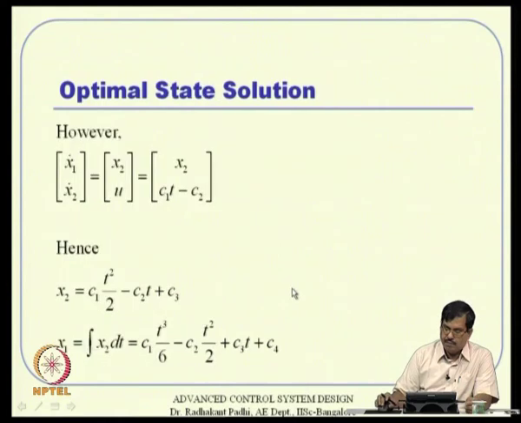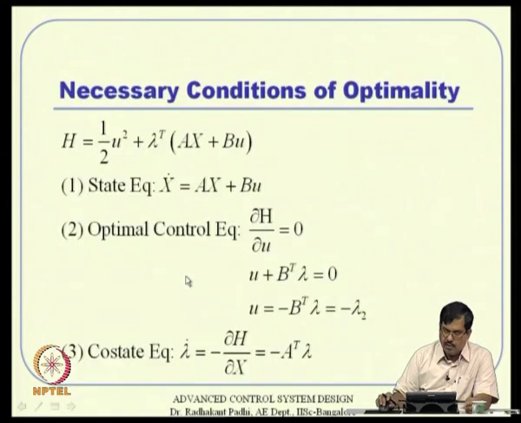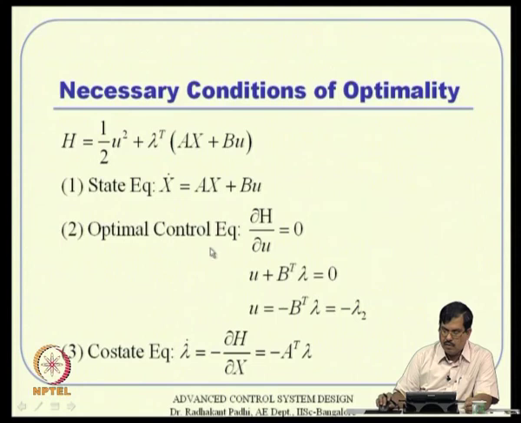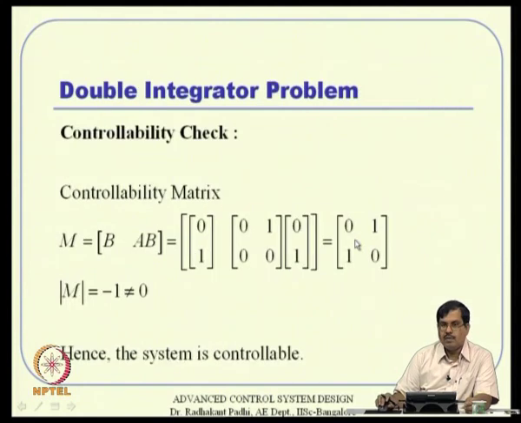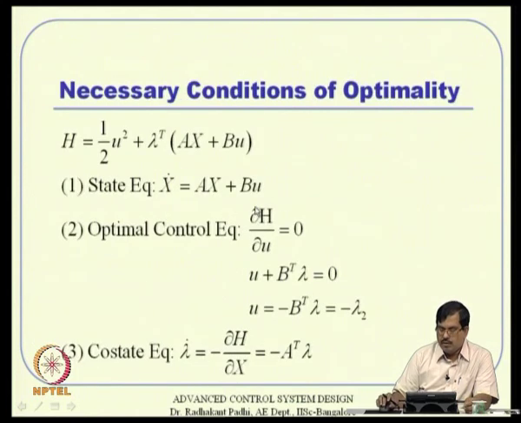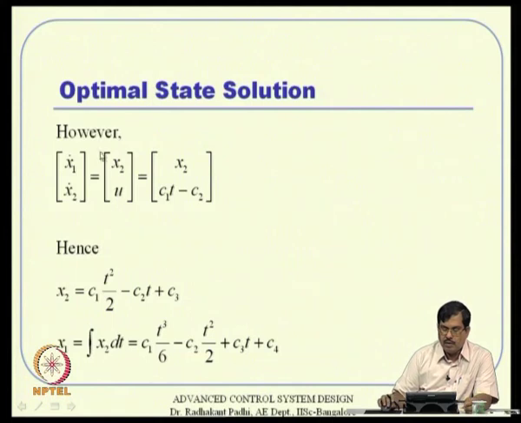Now the optimal state solution. Here we have utilized the optimal control equation and the co-state equation as well, so we go back to the state equation. Our state equation is x1 dot is x2 and x2 dot is u.